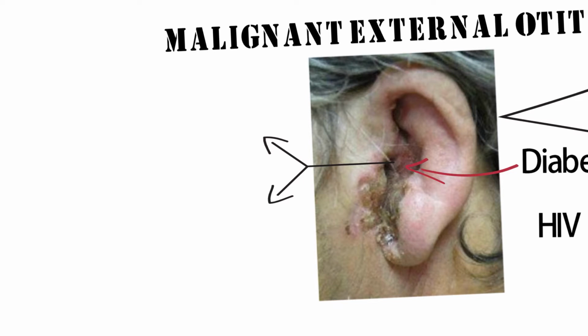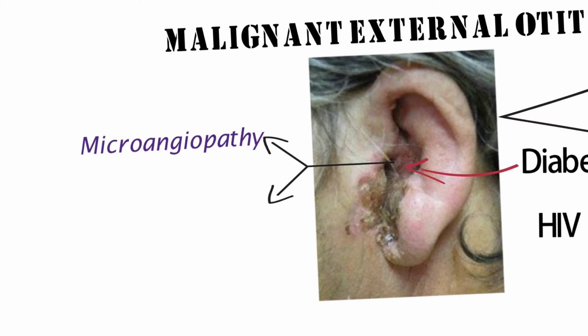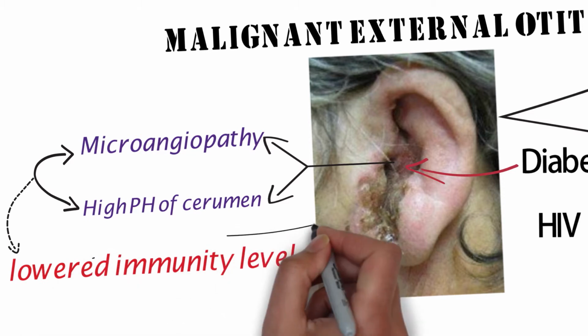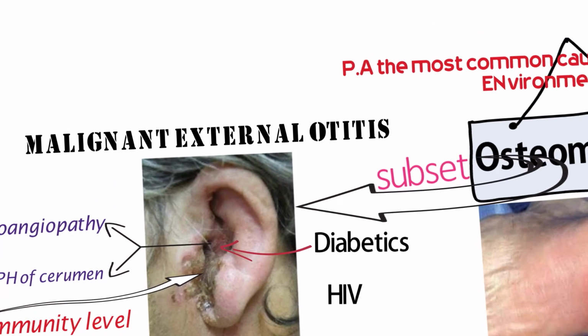The patients with diabetes have microangiopathy in the ear canal, and these factors lower the immunity level, and this lowered immunity level gives opportunity to Pseudomonas aeruginosa to cause infection in the external ear canal and cause more and more infection that would lead to malignant external otitis.